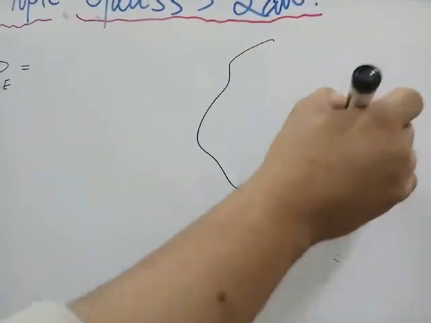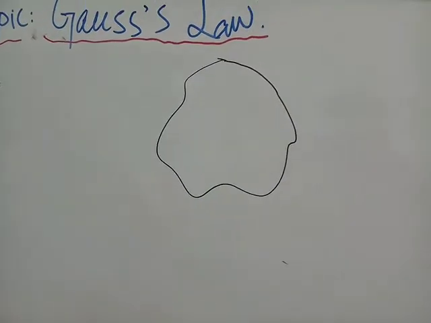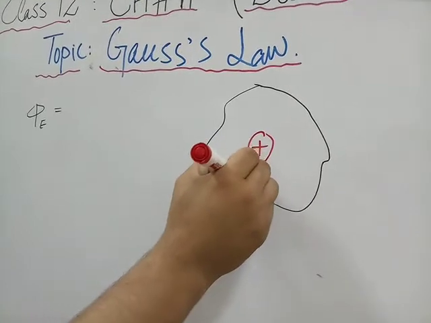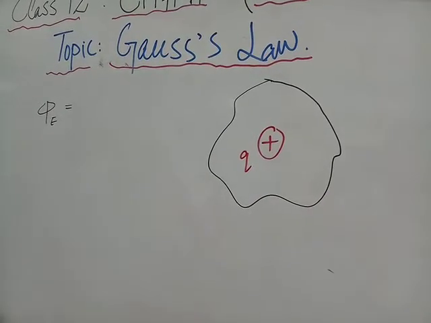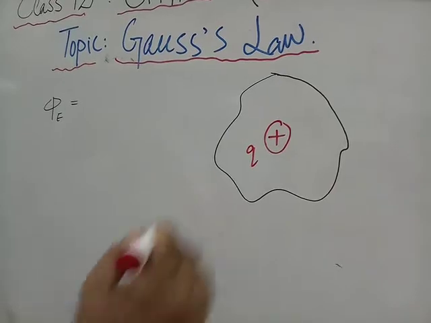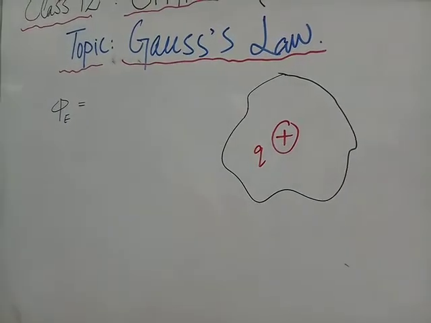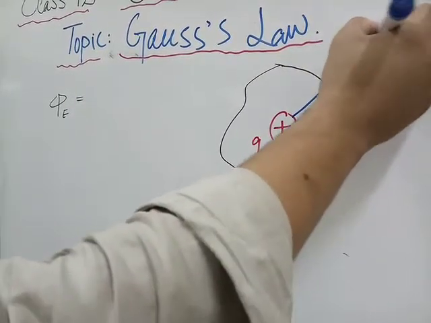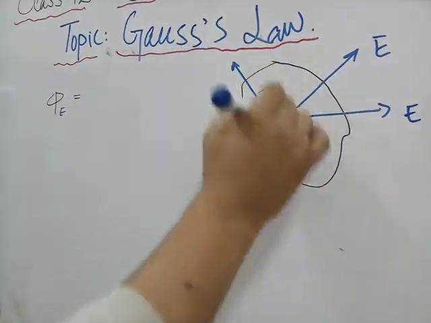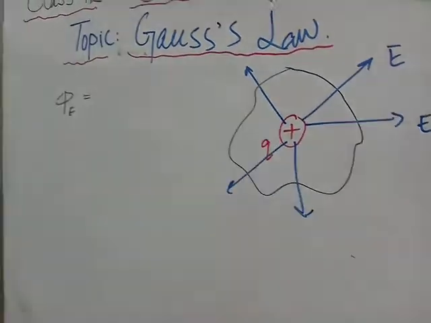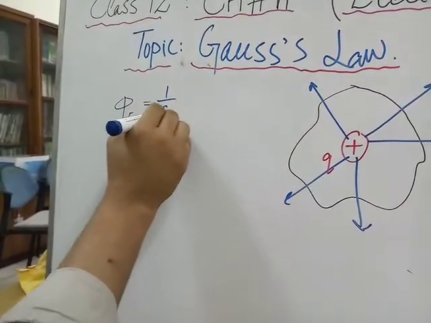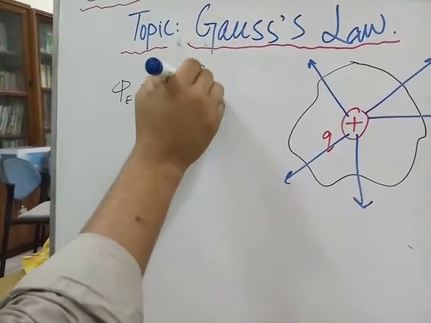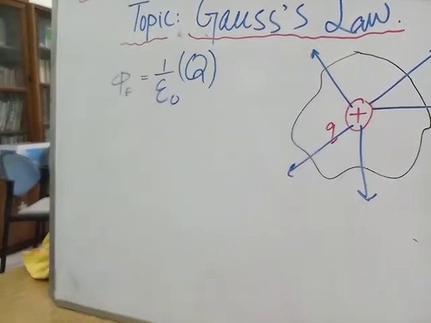Like this is any closed surface, and we place a point charge q inside the closed surface, and we know that the electric field lines are passing in the outward direction. These are E. So for this we derived an expression: 1 over epsilon naught times the total charge enclosed in it.